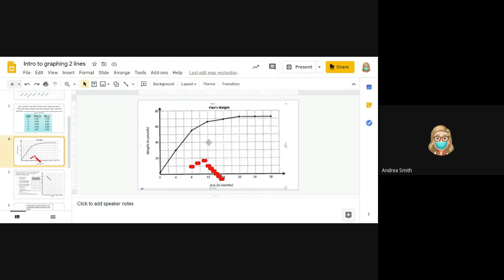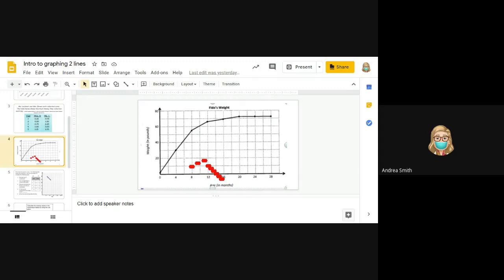Now, I chose this chart to practice with real quick because it's the same chart we used before with our line graphs with one single graph. You might remember this because this is the same example we used before. So I went back and copied it and thought, why don't we go ahead and use the same one so you're familiar with it. This is Fido.